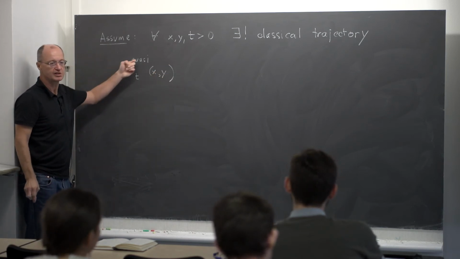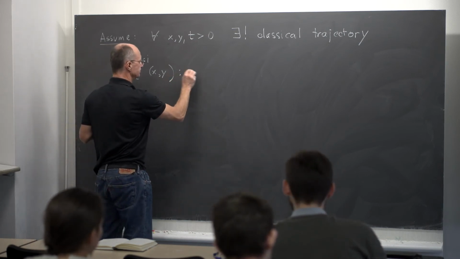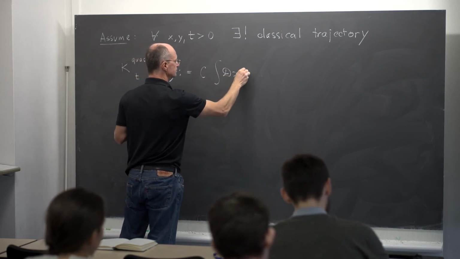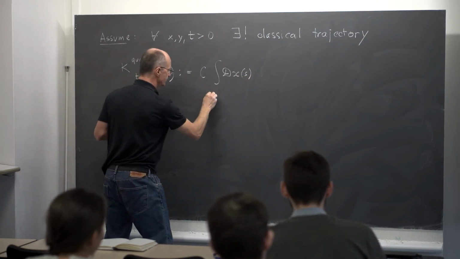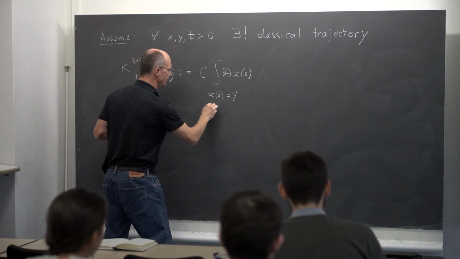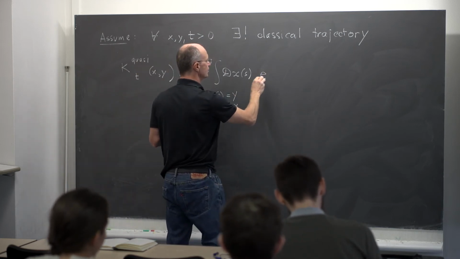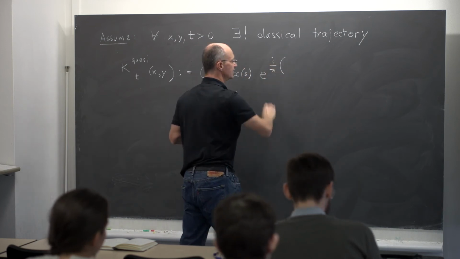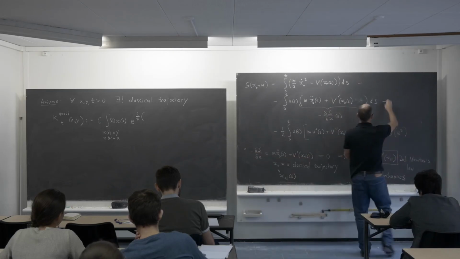So then let's define a quasi-classical propagator, kt. Again, as an integral over trajectories. Here we again put the same conditions: x of 0 equal to y, x of t equal to x. And here, let's do the following. Let me introduce the notation.